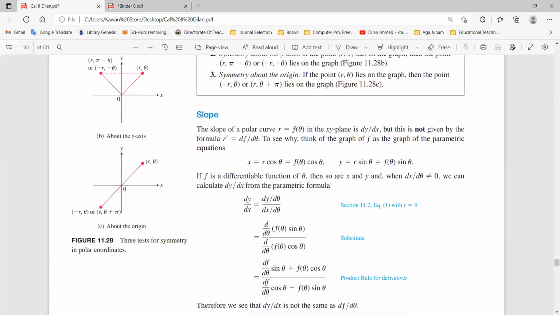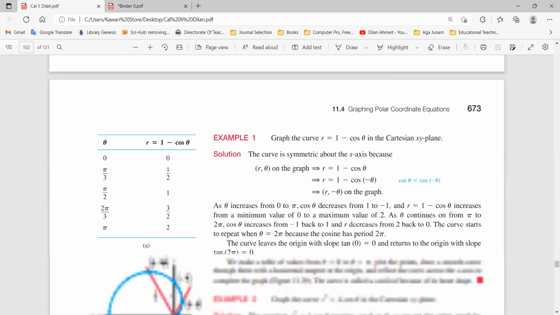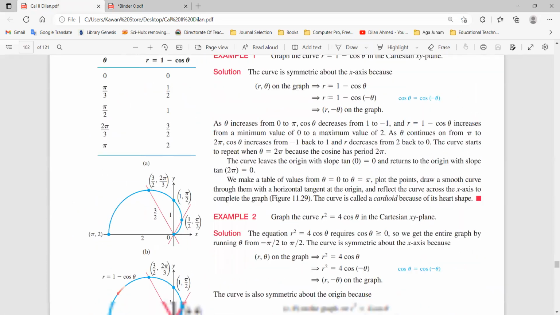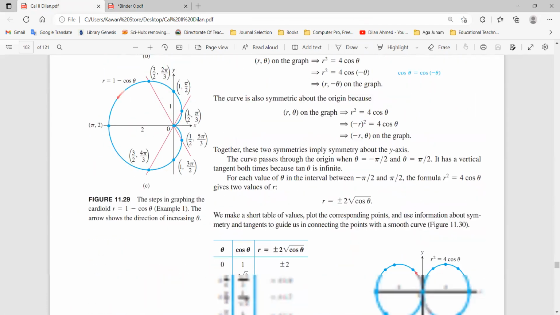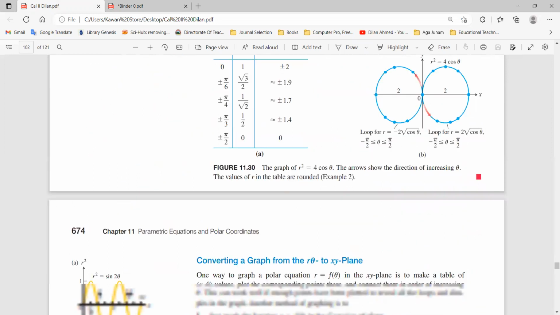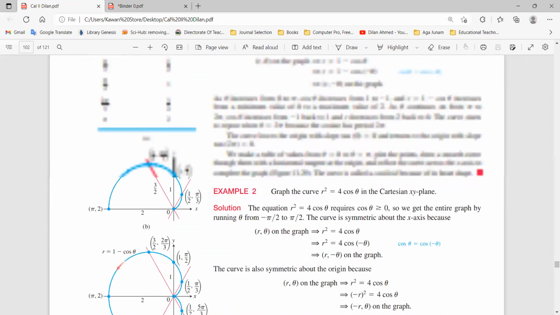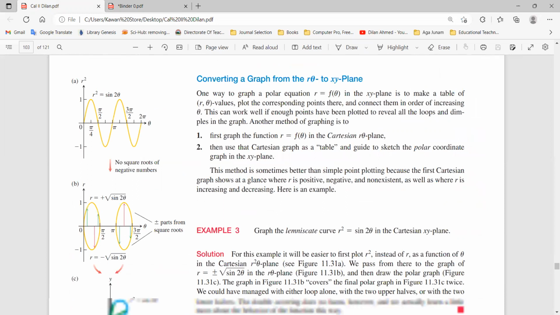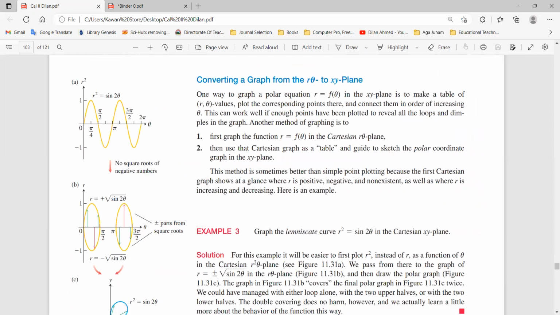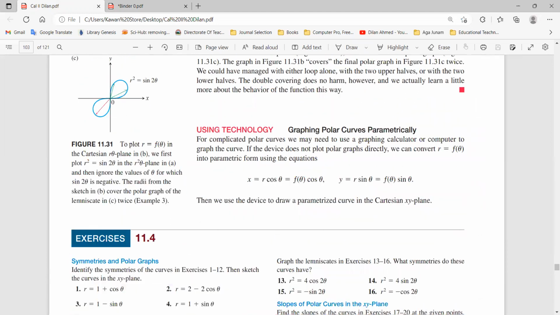So we are going to talk about how to graph these things and how we find their values.